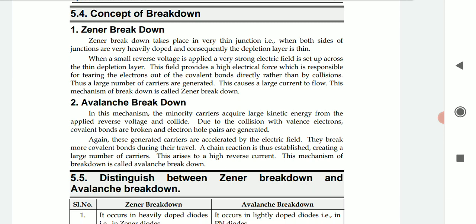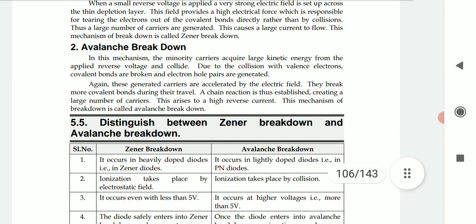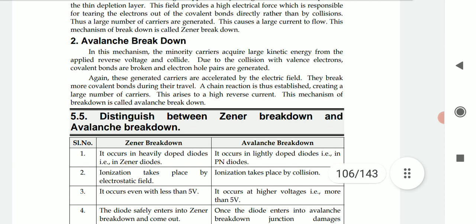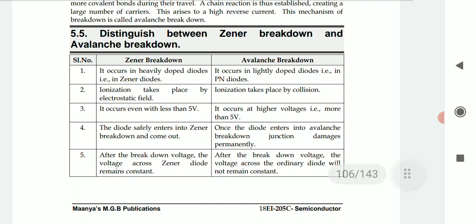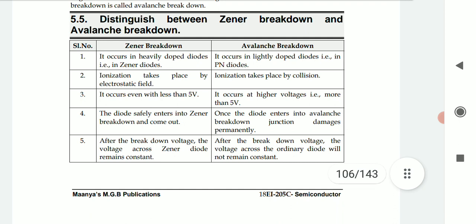As we discussed, avalanche breakdown occurs in a PN junction diode due to multiplication of minority charge carriers. Okay, here the differences between Zener breakdown and avalanche breakdown have been given. Zener breakdown occurs in heavily doped diodes, that is in the Zener diode, whereas avalanche breakdown occurs in lightly doped diodes, that is in the PN junction diode.